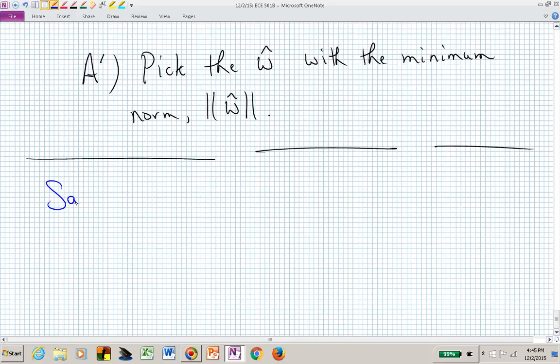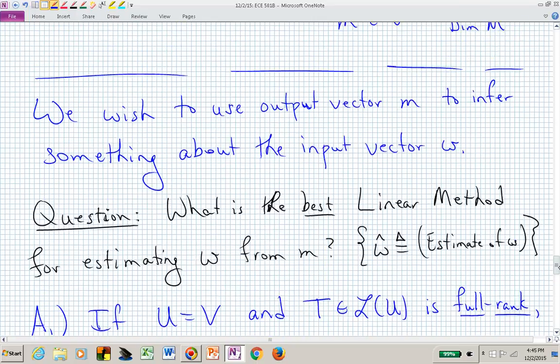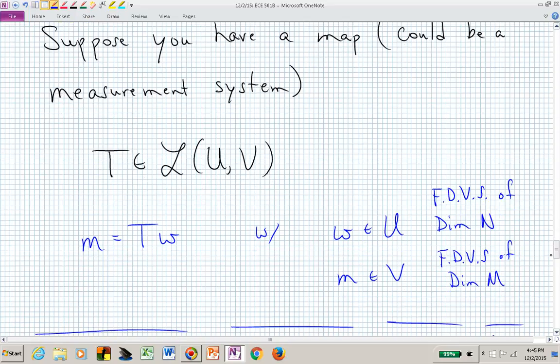Same thing happens if M is less than N. Let's go back and remind ourselves what capital M and N are. M is how many measurements we've taken, and N is the size of the unknown vector. So now we've taken fewer measurements than we have components in our unknown vector W.